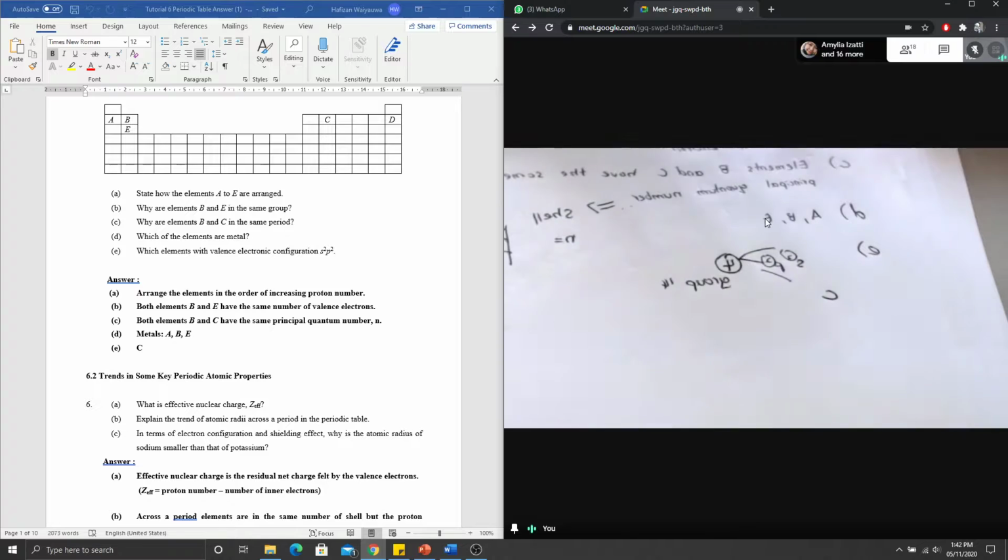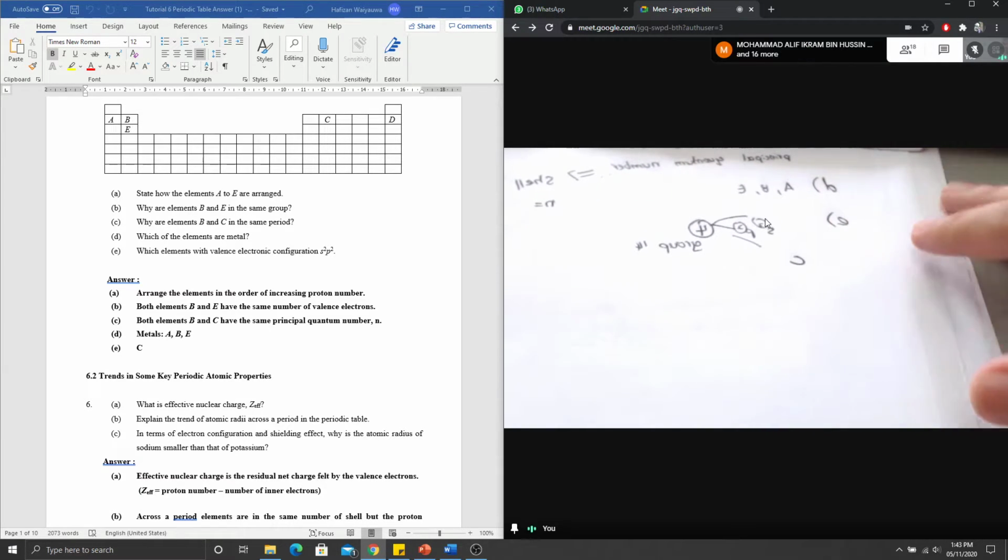Tak nak grammar pun salah. Okay. Untuk other question, saya akan upload the answer later dekat Google Classroom. Boleh? And also I'm expecting you guys buat objective question sekali. This one saya tak suruh you guys hantar lah, because I know you guys also have the assignment nak kena buat. This one saya nak suruh korang chat sendiri je.